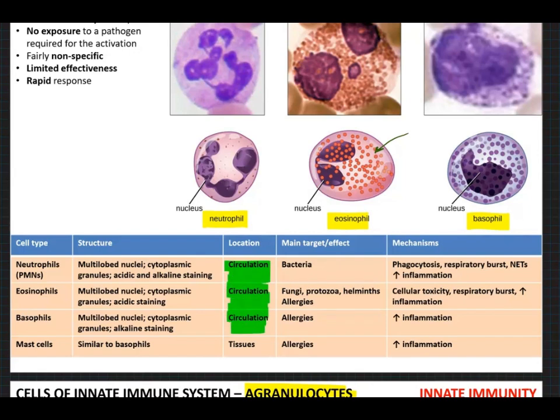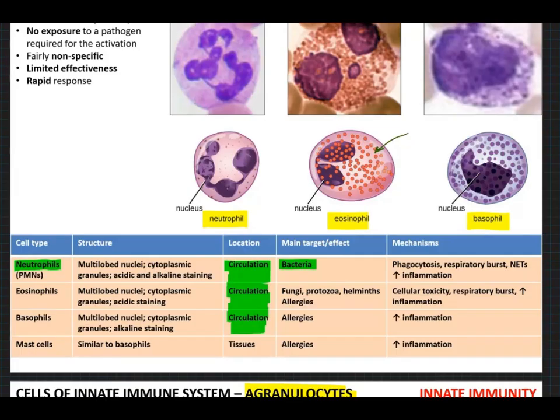Functionally, neutrophils, which gain the name neutrophil because they can be equally well stained by acidic and basic dyes, target bacteria. Whenever you see increased number of neutrophils in patients' CBC, it's pretty much a signal that somewhere there is a bacterial infection.